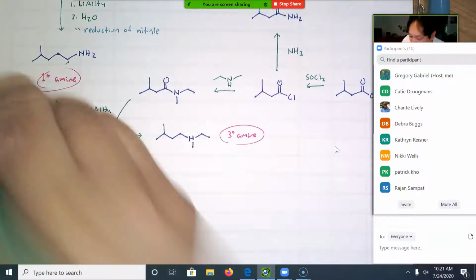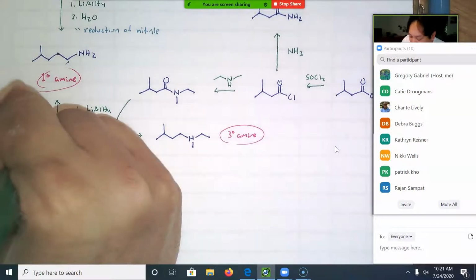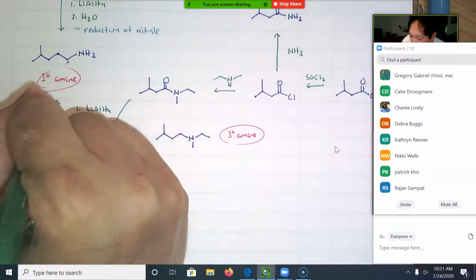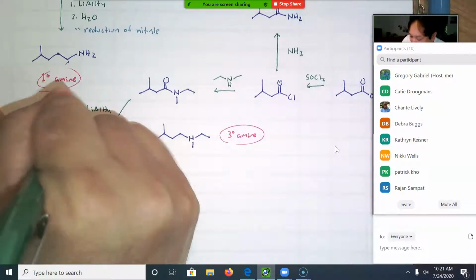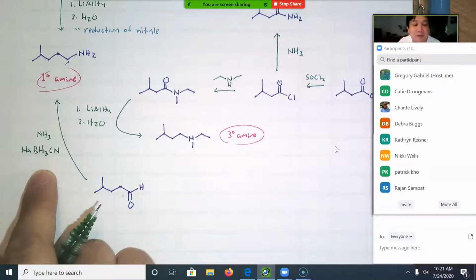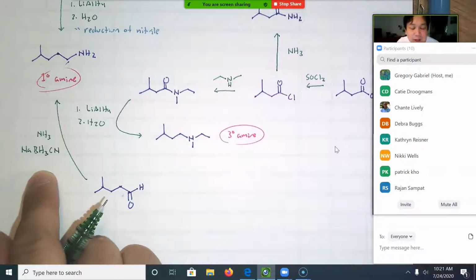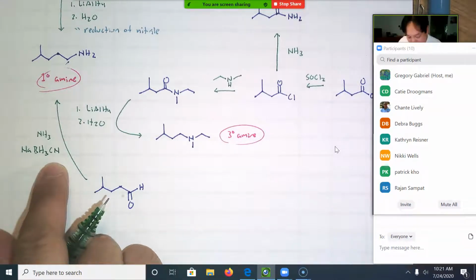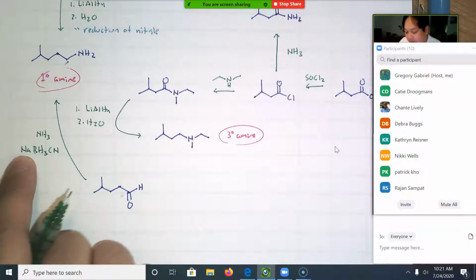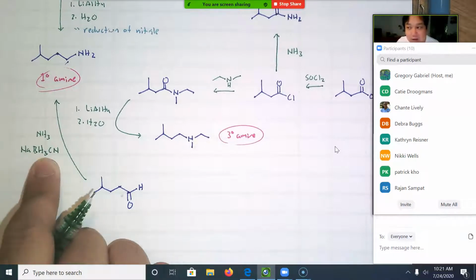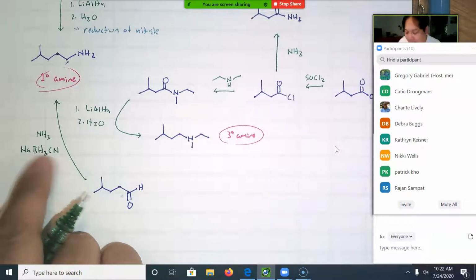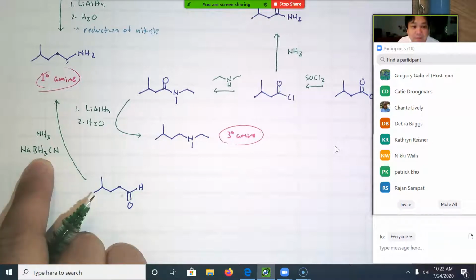Okay. That weird looking reducing agent, NaBH3CN. So I took NaBH4 and I replaced one of the hydrogens with a nitrile group. Sodium, not borohydride, it's sodium cyanoborohydride. Okay.